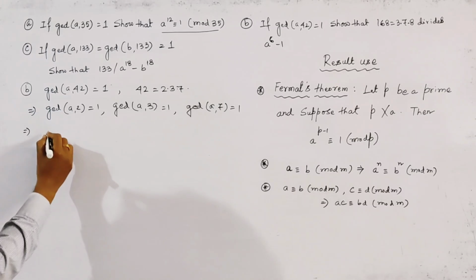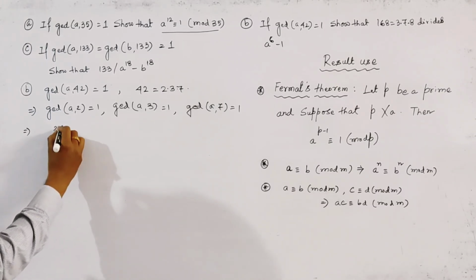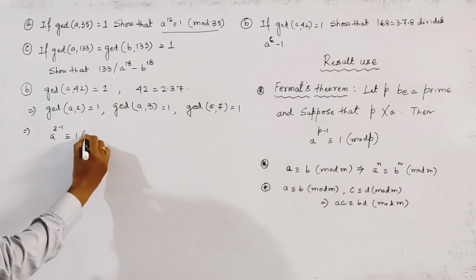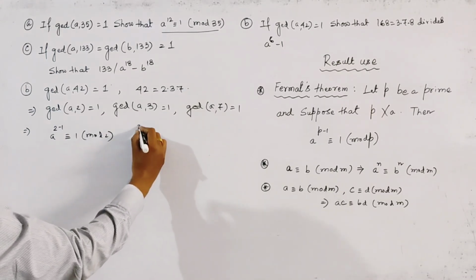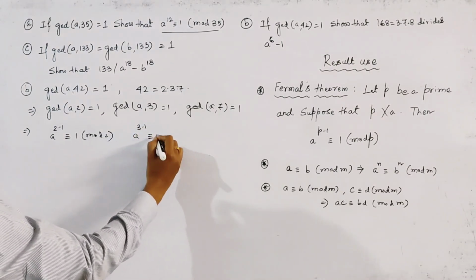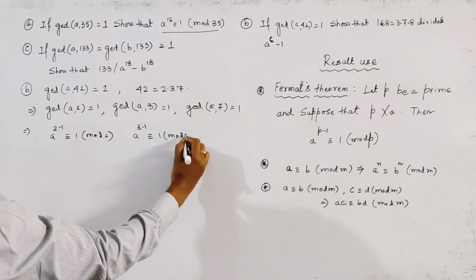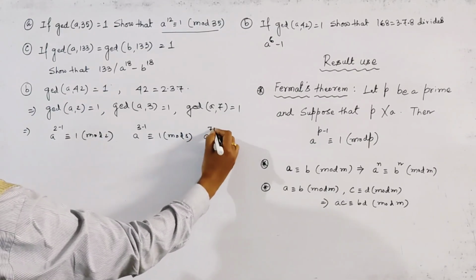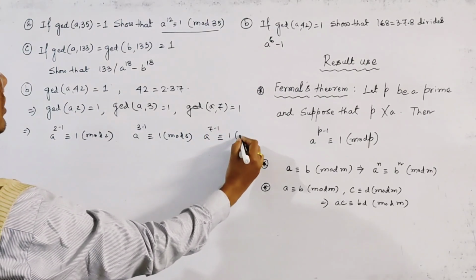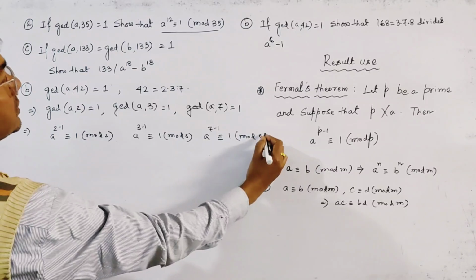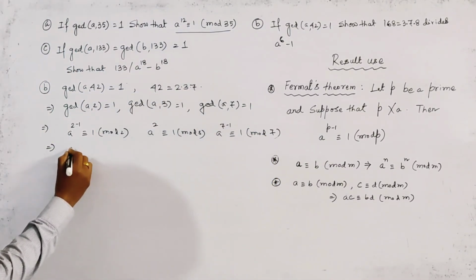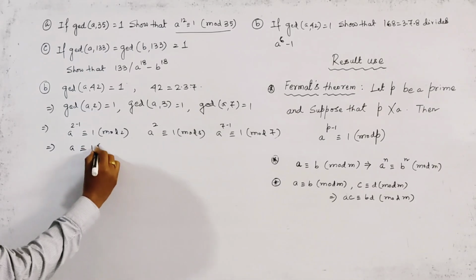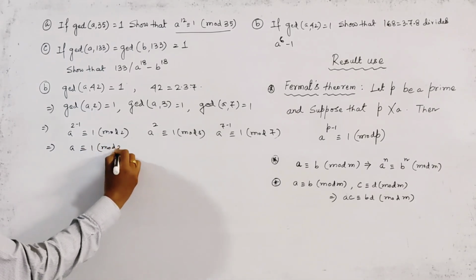This can be written as A to the power 2 minus 1 congruent to 1 mod 2, A to the power 3 minus 1 congruent to 1 mod 3, and A to the power 7 minus 1 congruent to 1 mod 7. So we get three results. The first is A congruent to 1 mod 2.